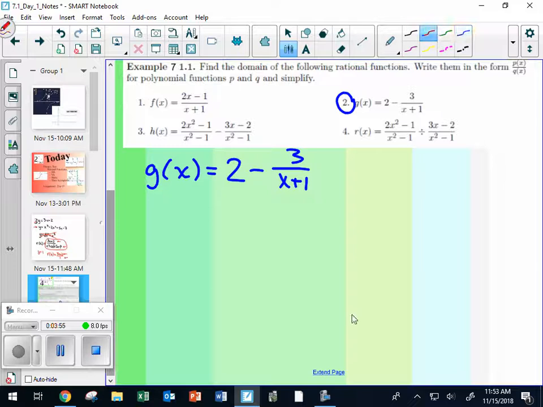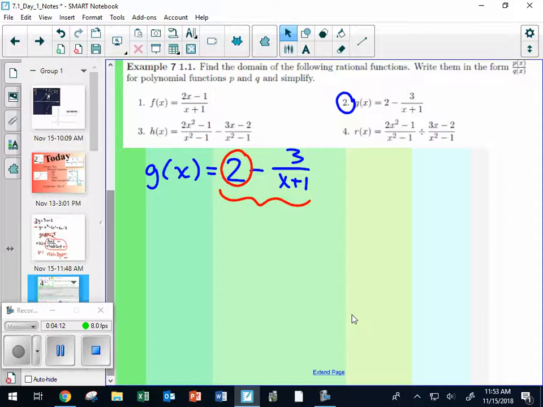No, because it's got this 2. Because there's a 2 and it's minus 3 over x plus 1, this isn't one central or one main fraction.